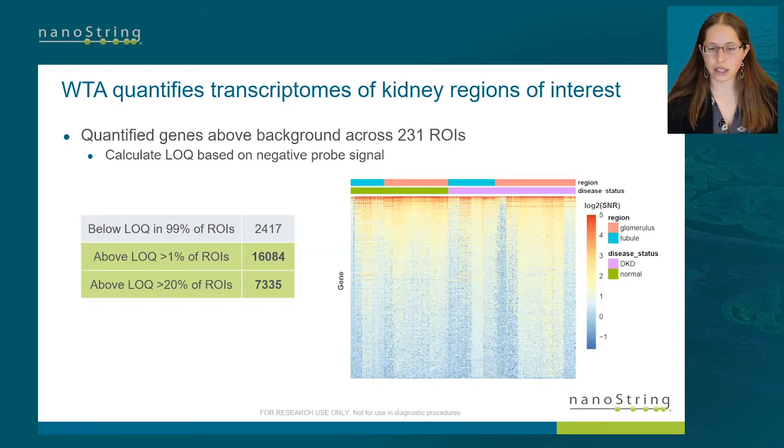What you can see is that there are some genes that are expressed in every ROI, some genes that are only expressed in certain regions, and some genes that aren't expressed at all in any ROIs. Overall, we identified over 16,000 genes above background in at least 1% of ROIs, and over 7,000 genes above background in at least 20% of ROIs.